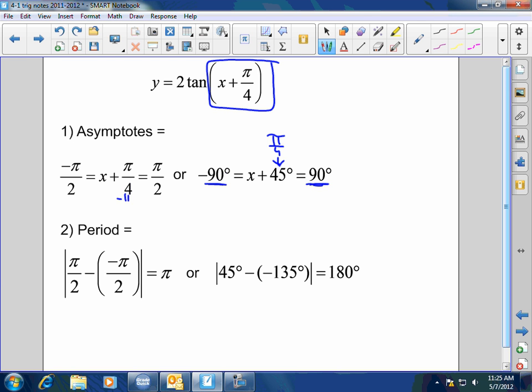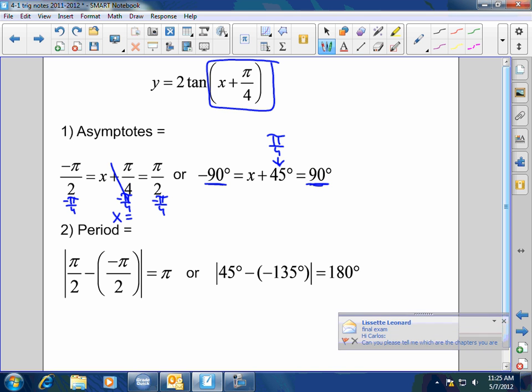I'm going to subtract pi over 4 from both sides. And this is why a lot of people don't like using radians, because with all due respect, they forget how to add fractions. So this is going to be negative 3 pi over 4.